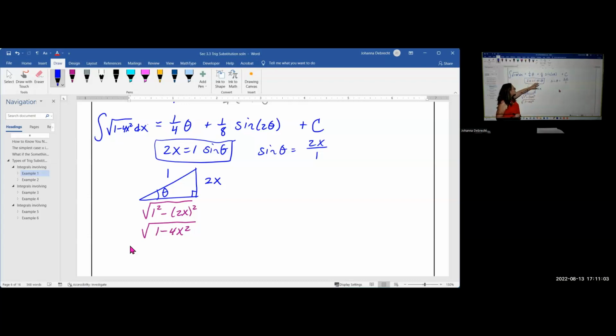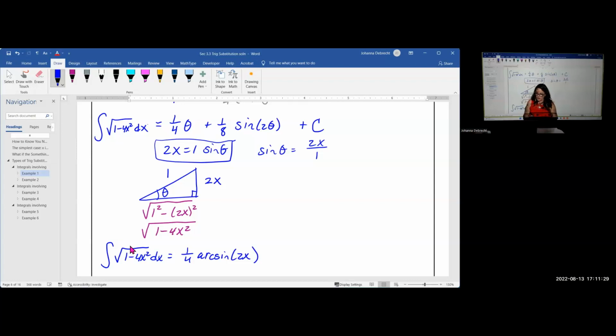Well, theta would then be the angle whose sine is 2x, or arcsine of 2x is equal to theta. And that's using the definition of the inverse trig functions. So now we have the integral of the square root of 1 minus 4x squared dx is equal to 1/4 the angle whose sine gives you 2x.